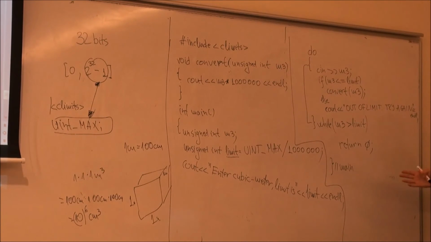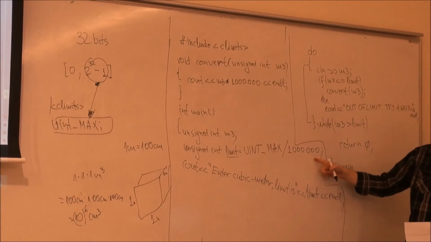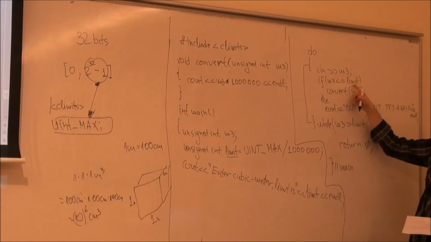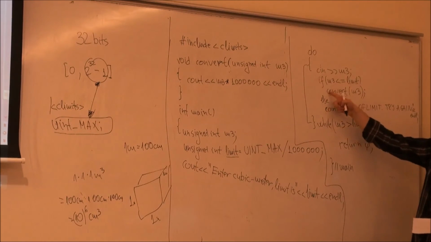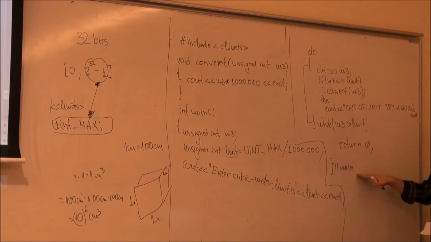Questions? Is this clear? This is easy. We just check. The most important part here is to find the limit that we can give. And this is the limit. We give the input here. If the input that we gave is smaller or equal to the limit, we call the convert function. And we go outside and return 0.